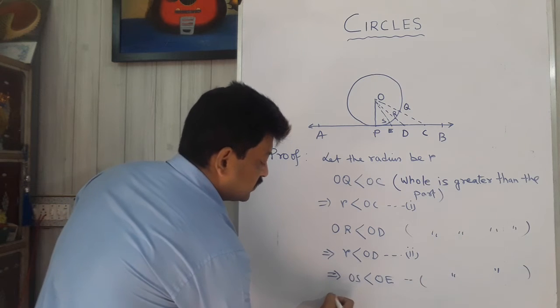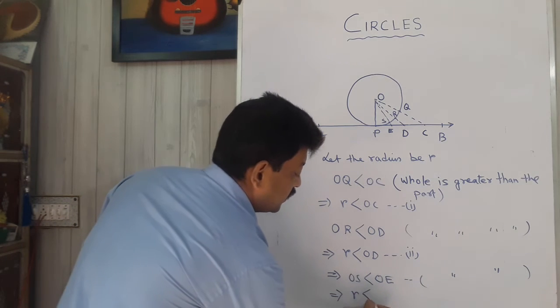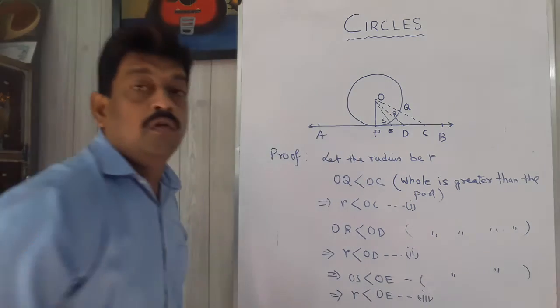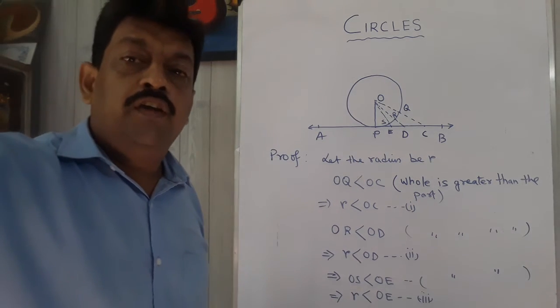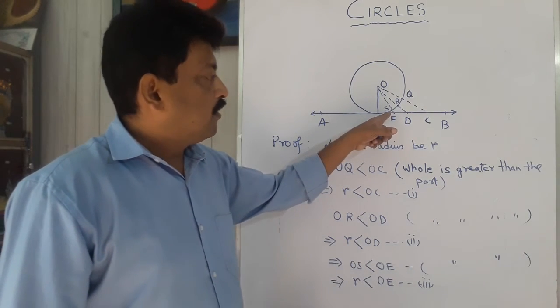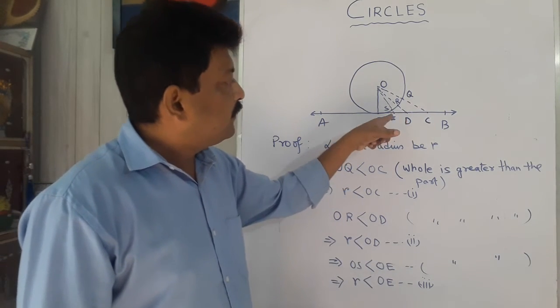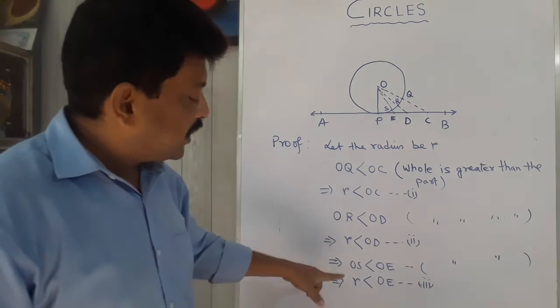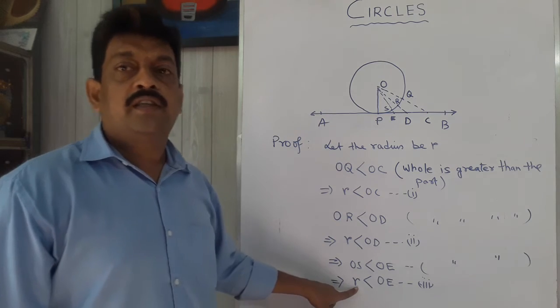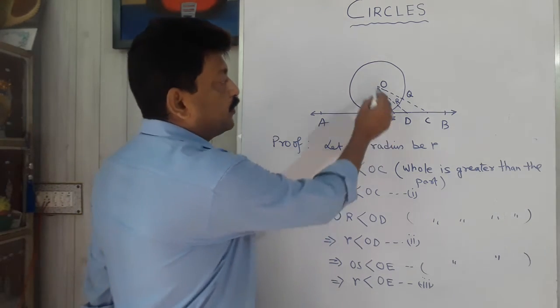That means radius is less than OE. This is number 3. In this way, if you go on taking some more points on AB, then every time we'll find that the radius will be less than the distance of that point from the center.